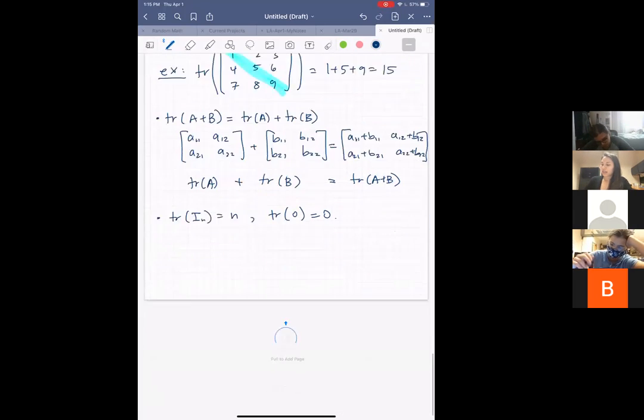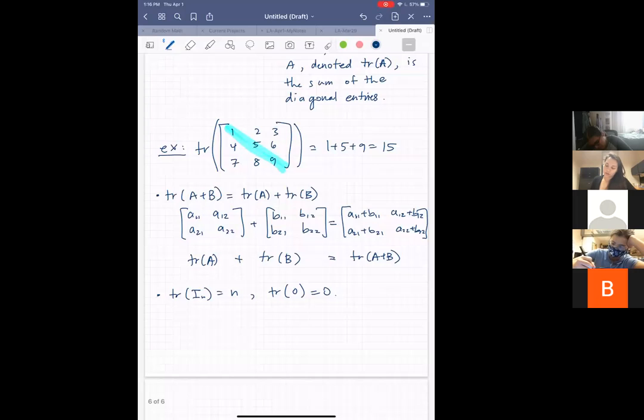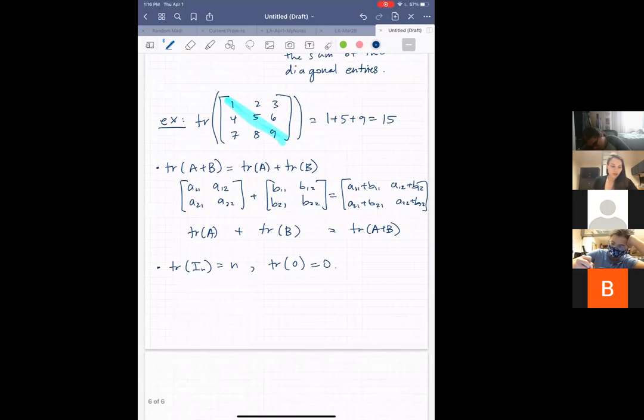Okay, so we can use this to talk about some subspaces.